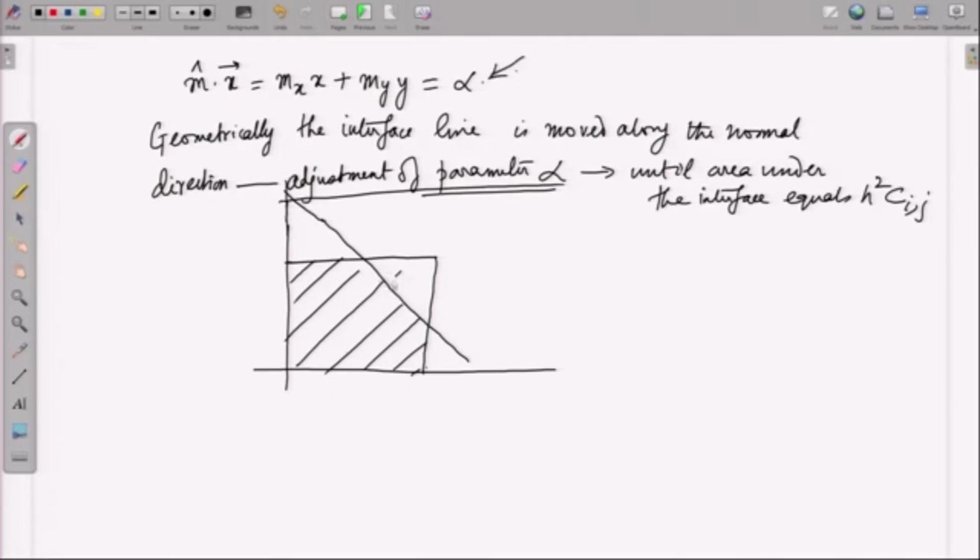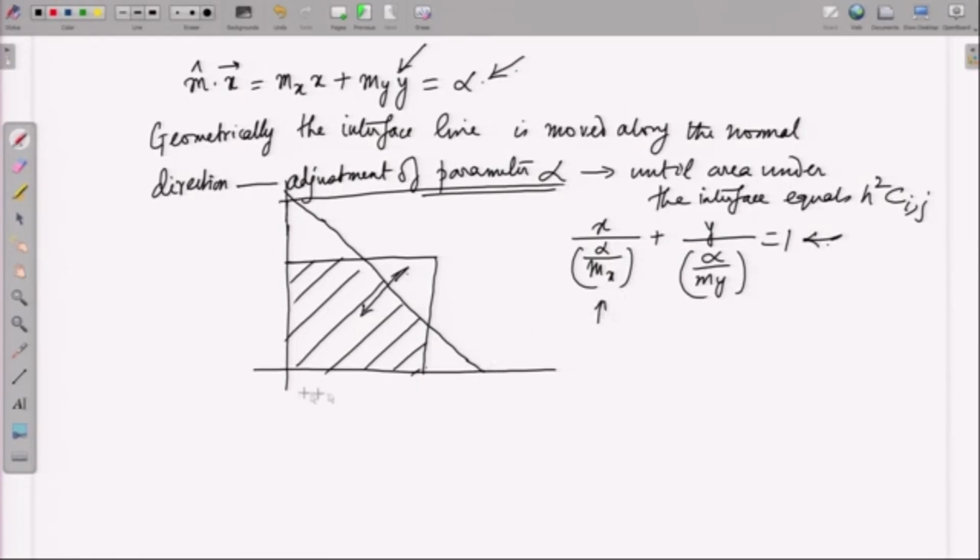So, this straight line is the one which we have indicated here. This straight line will move in or out according to how you set alpha, because this equation can be written like so. This equation can be rewritten like this in the form of intercepts along x and y directions.